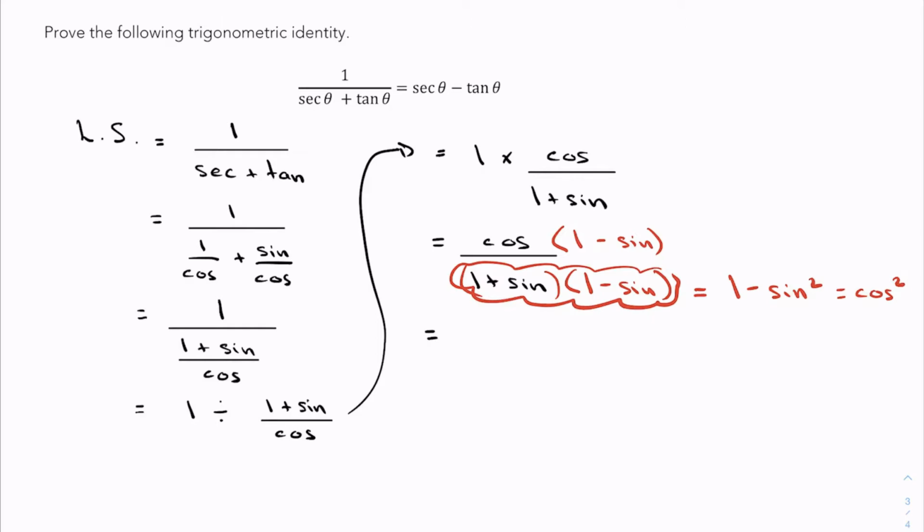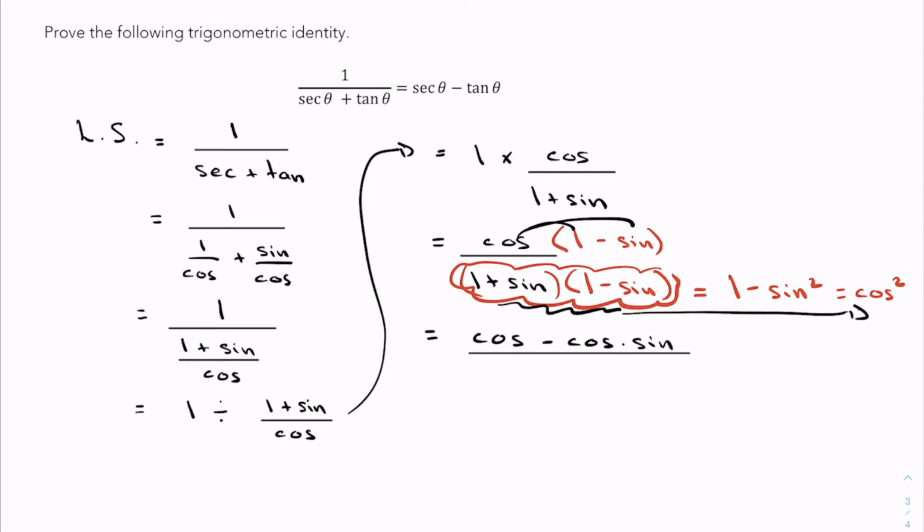My numerator, I'm just going to distribute the cos into the brackets there, is going to be cos minus cos times sine, and that's all over, remember, when all this is said and done, cos squared.